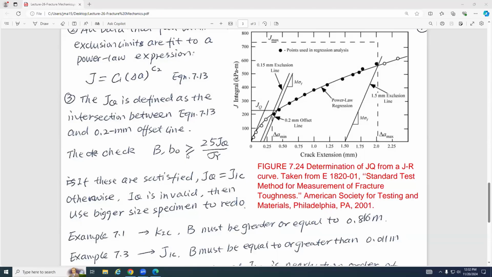What should we do? We use the smaller one at the very beginning, and if we are very lucky, we succeed on the first shot. Otherwise, we increase the size of the specimen and follow the same procedure, and then double check whether this inequality is satisfied or not. If yes, stop, and we are okay. Otherwise, we need to do the next iteration. You have yes?